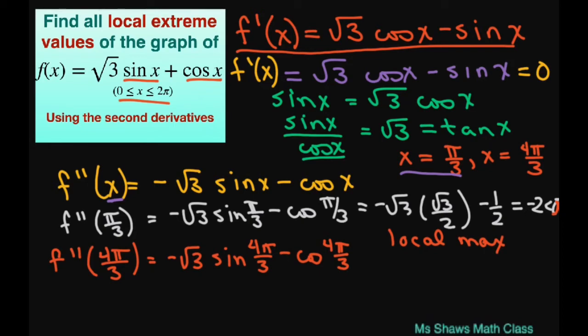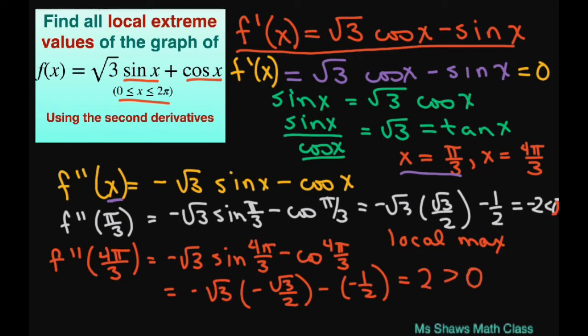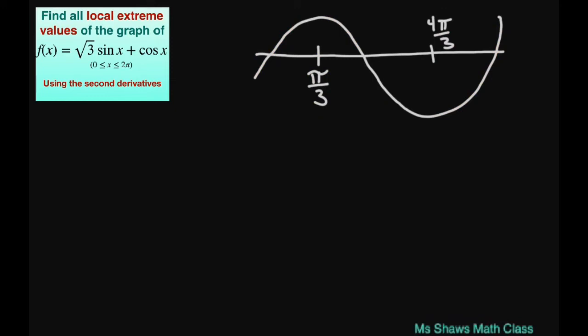That's going to give you the same thing we had, which is going to be negative square root of 3, but we're going to have negative here, so it's going to be negative square root of 3 divided by 2 minus a negative 1/2. And this is going to give you a positive 2, which is positive. So that means we're going to have a local minimum at this point here.